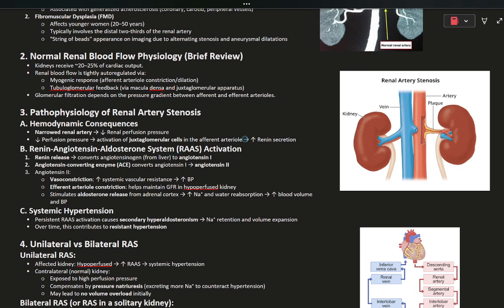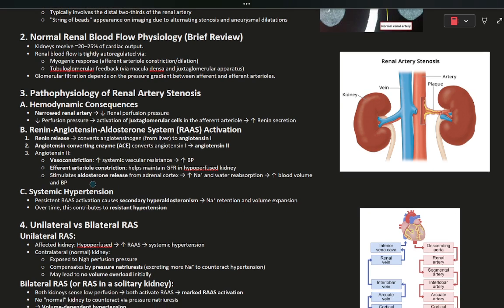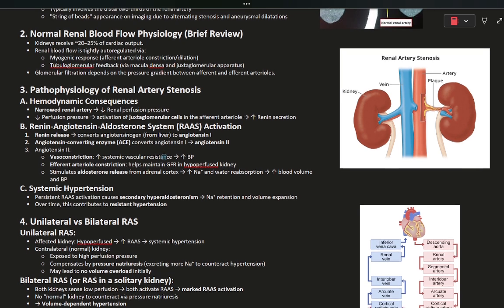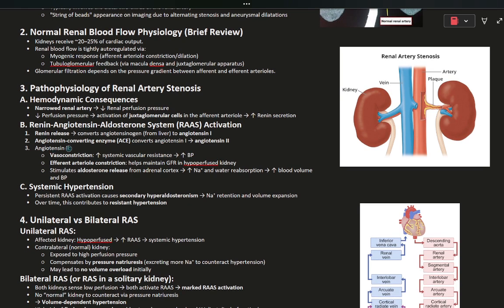Anyways, with the increase in renin secretion, you're going to have increased conversion of angiotensinogen to angiotensin 1, and angiotensinogen is produced from the liver. Next, we have the angiotensin converting enzyme, or the ACE enzyme, converting the angiotensin 1 into angiotensin 2. And then the angiotensin 2 that is produced will be responsible for the following.